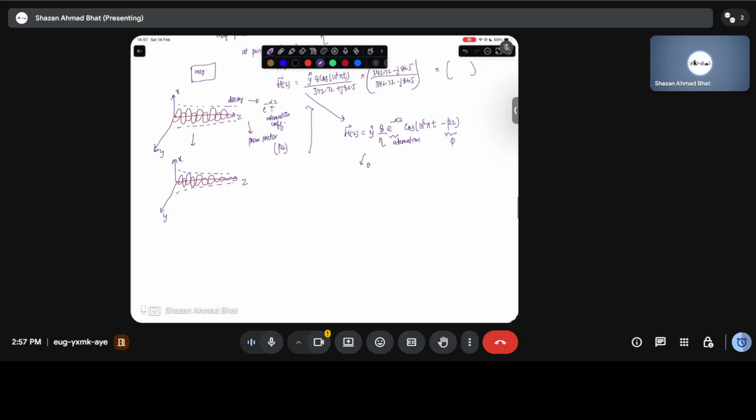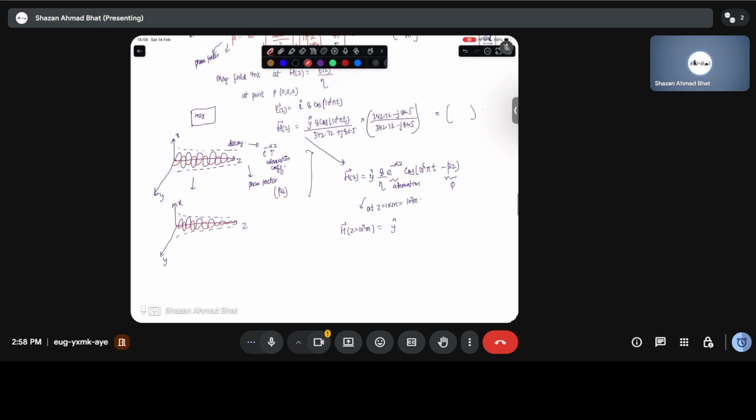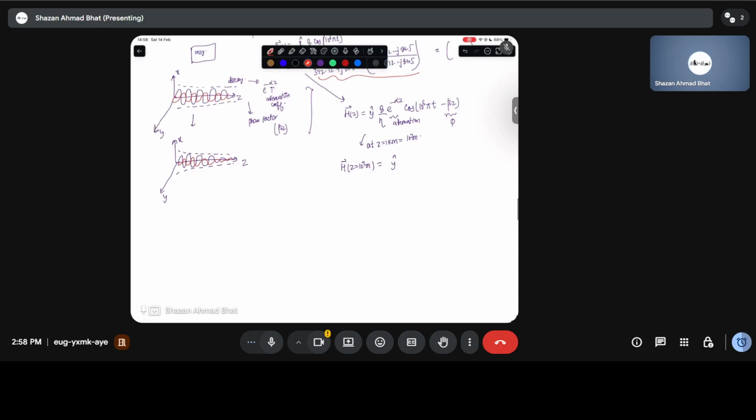Okay, now I think you are given everything. Now what you have to compute is at z equals 1 kilometer, that means 10 to the power 3 meters. You're going to use the z value here. What you're going to write is H at z equals 10 to the power 3 meters, that will be y cap into, when you solve this particular fraction, you're going to get 10 to the power minus 2.192 minus j 0.554. This is after solving that particular fraction.